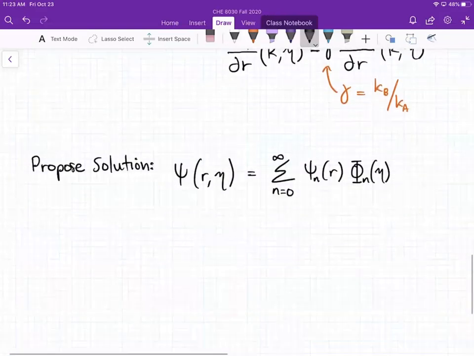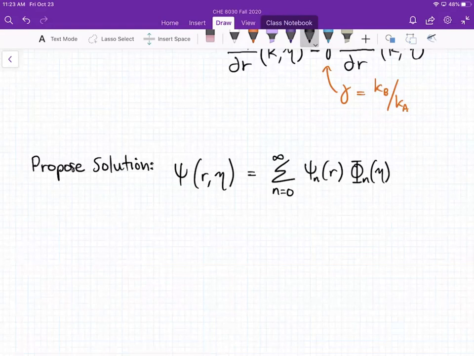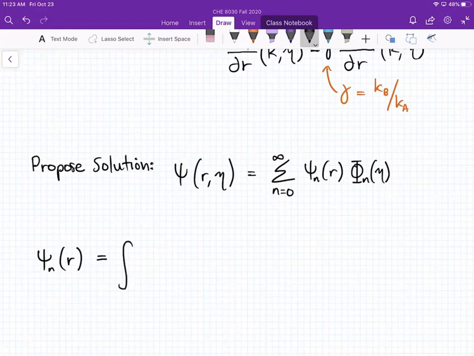There are a couple important things to point out here with the form of our FFT transform. Our transformed variable, we're going to define that as the integral. Here's the first difference. So instead of going from 0 to 1, which we typically do, we are now going to have our integral bound from -1 to 1.